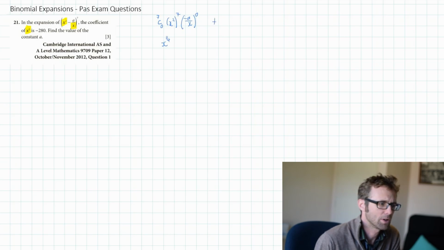Then your next term is going to be 7 choose 1, and this time you've got your x squared to the power of 6, and your minus a over x to the power of 1, and all up you're going to have x to the power of 12 subtract 1 because of this denominator x here, so this will be x to the power of 11.